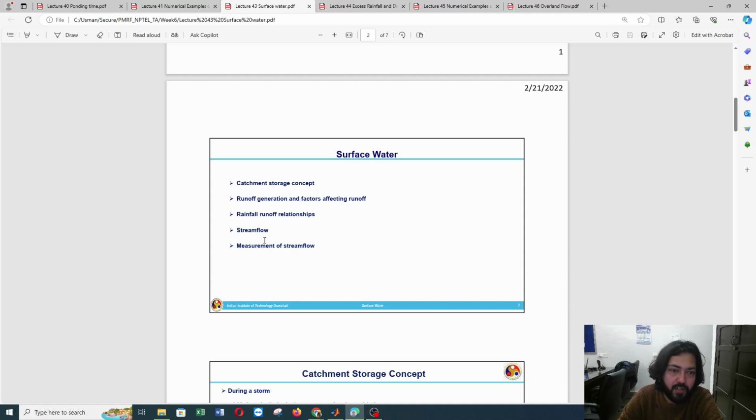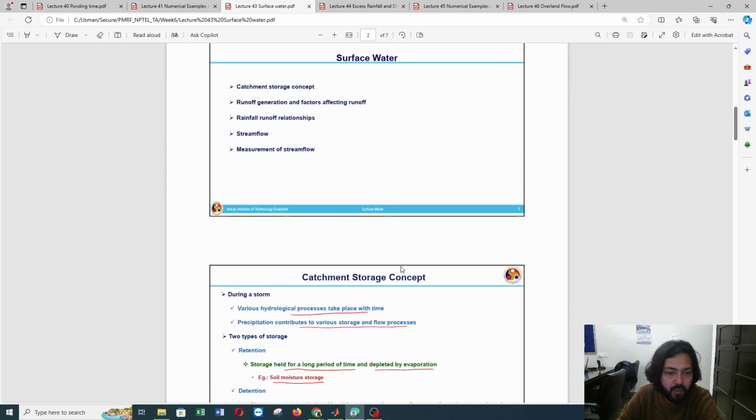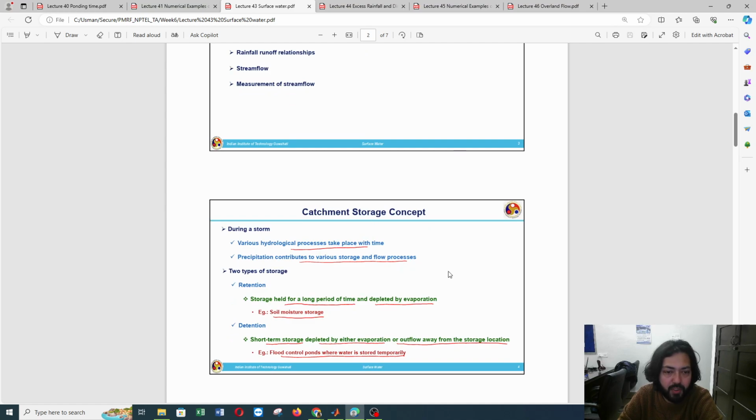Then we'll derive the relationship between rainfall and runoff, and later we'll talk about stream flow and measurement of stream flow. I think in today's session we are not going to start with measurement of flow. This will be covered in next week's class, so we'll be concluding with today's session. So let us start with what is the catchment storage concept.